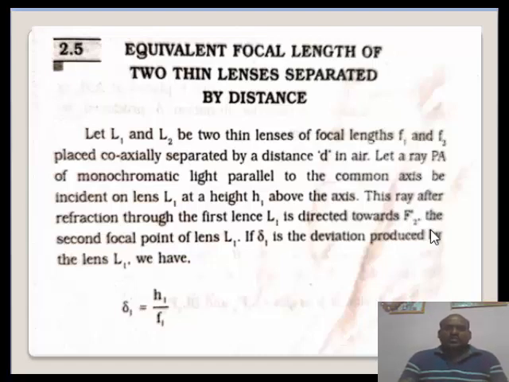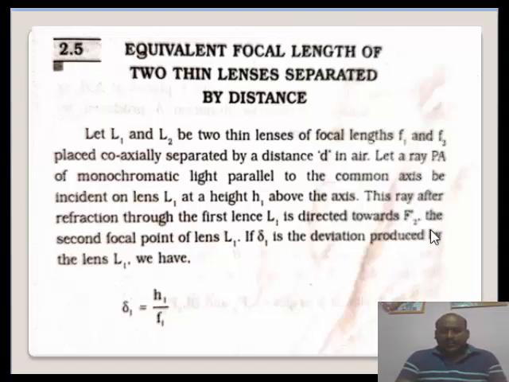After refraction through the first lens, the ray is directed towards F2 dash. Since we are using a convex lens, any parallel rays incident on it converge to the principal axis, so it should meet at F2 dash.